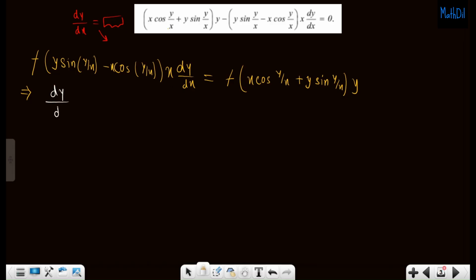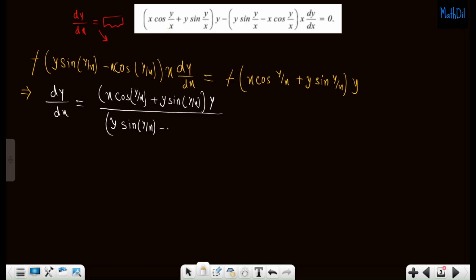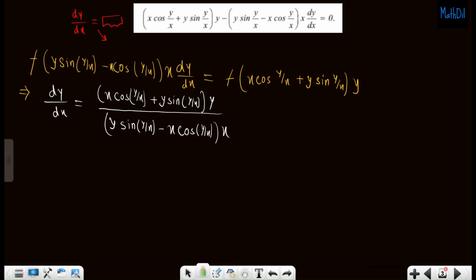It will be dy by dx, and it will be equal to x cos y by x plus y sin y by x, and y is common, by, see, what is here? Here is y sin of y by x minus x cos of y by x and x, right? So this is our new equation.